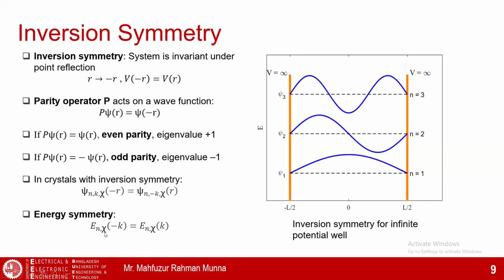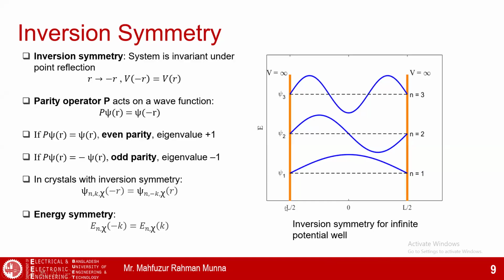then the energy of up spin electron at -k is equal to the energy of up spin electron at k. So bands are symmetric with respect to the high symmetry points, for example, the gamma point. So here I have also shown the inversion symmetry for the case of an infinite potential well.